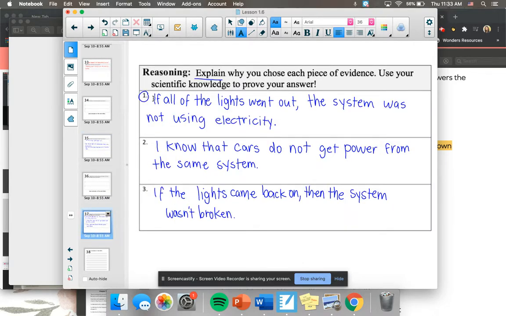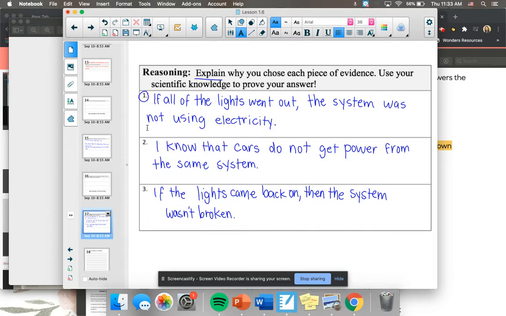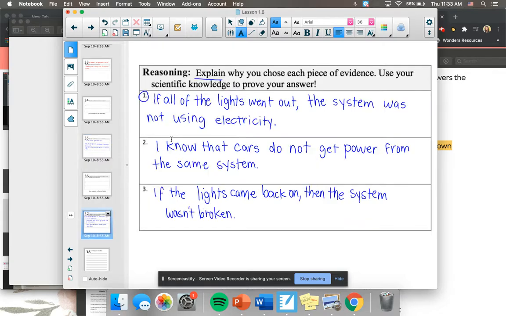So here they are explaining their evidence a little bit further. If they said first all of the lights went out, evidence number 1, I have to match it with reason number 1. If all of the lights went out, the system was not using electricity. Next, the car lights still worked when there was a blackout. I know that cars do not get power from the same system.